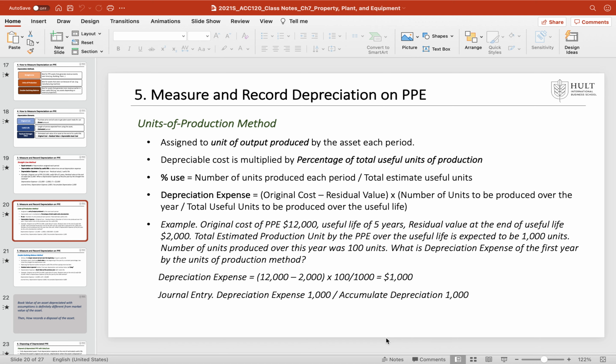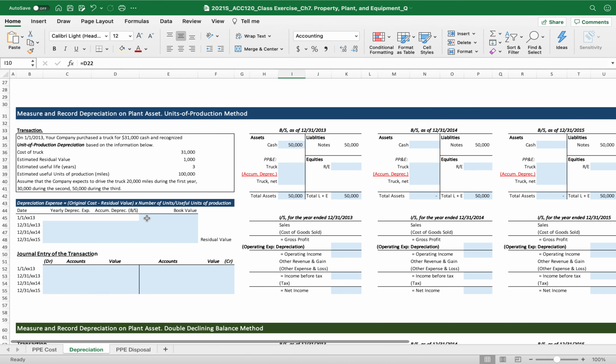So the depreciable cost is multiplied by the percentage of use, which is the number of units produced each period divided by the total estimated useful life. That percentage is an estimation, but we use it to allocate the original cost of the purchased asset every year. So let's go to this exercise.